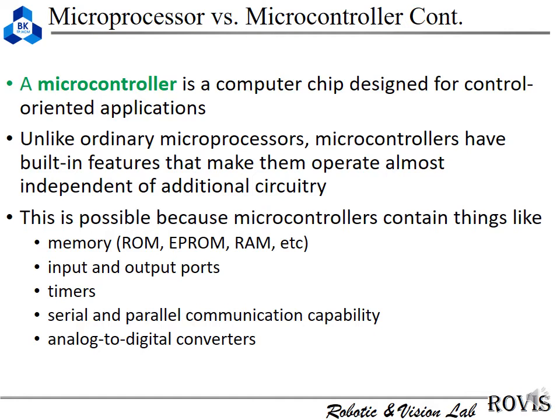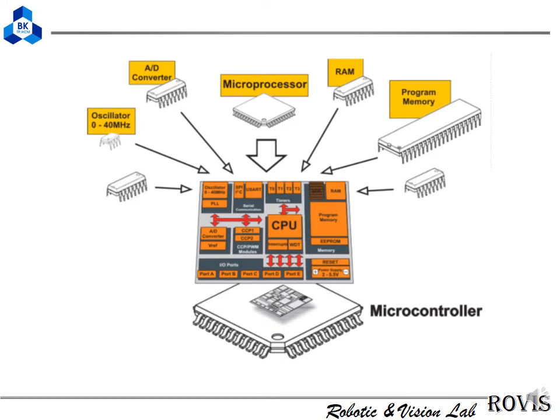But the microcontroller is different. It has everything built inside. That means a microcontroller consists of one microprocessor and other devices inside. It includes the memory, the input and output ports, the timer, the serial and parallel ports, and also the AD, analog to digital converter.